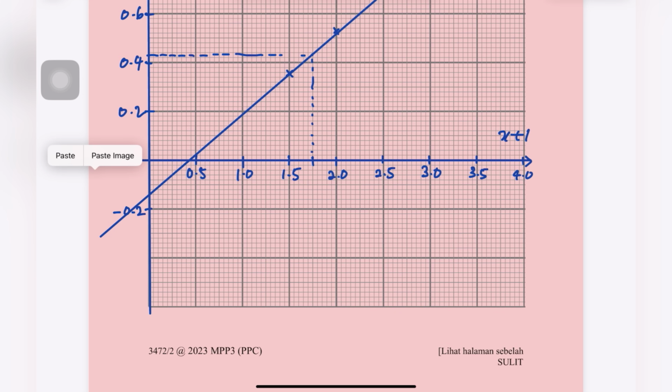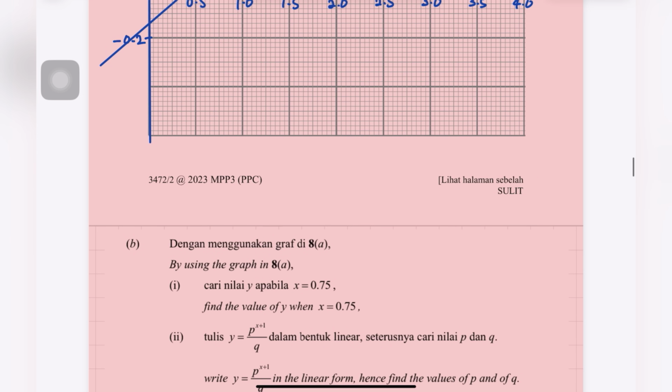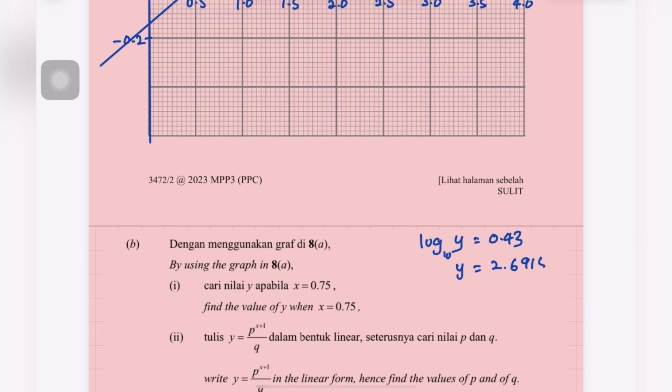So 0.43. But this one is log y base 10 equals 0.43. So then we can find y, which equals 2.6915. So this is for B Roman 1.